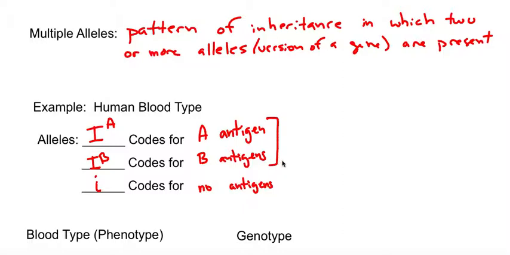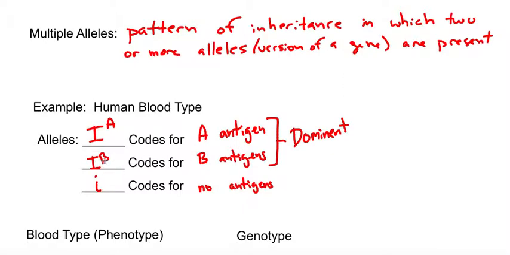The best way to think about antigens is they're like an ID card on the cell membrane of your blood cells, and it tells your white blood cells that they belong. If you have A antigens, your white blood cells, your immune system, know that those are not foreign cells, which means you'll produce B antibodies, which would fight off any blood cell that had a B on it.